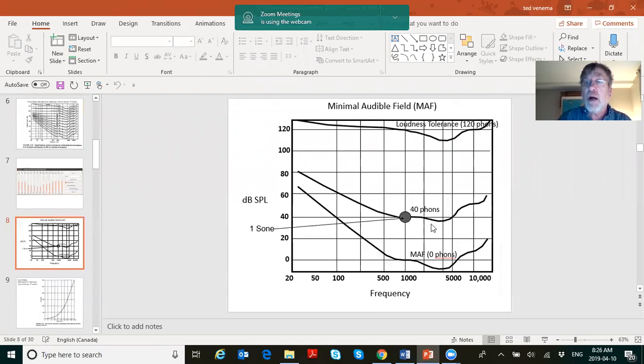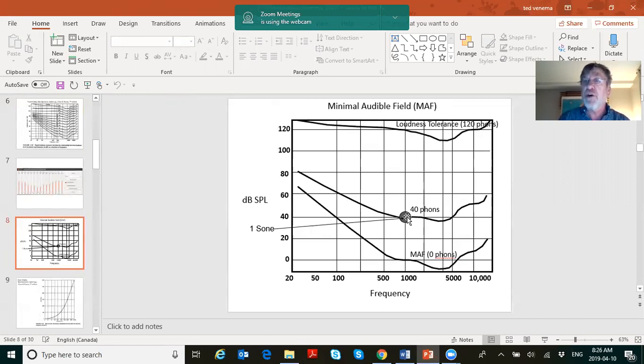And now compare how loud you needed to make another tone in order so that that tone would sound equally loud to this one. And then this tone, you turned it up until it sounded equally loud to this one. So every point on this curve is referenced to the loudness of 1000 hertz at 40 dB SPL.